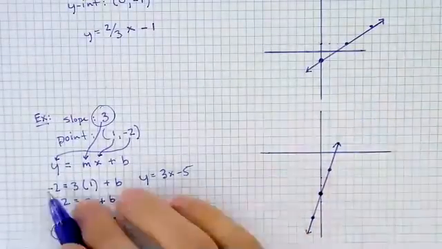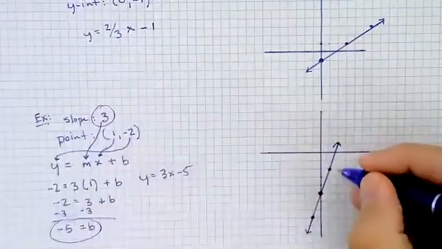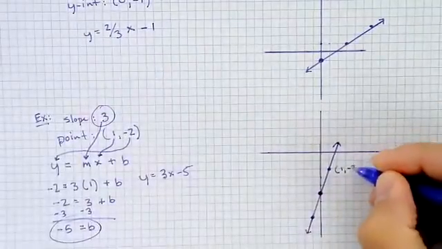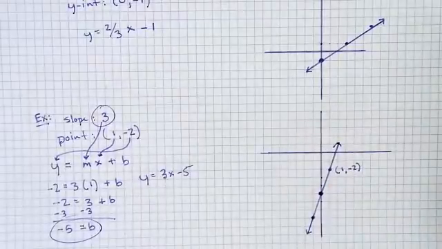And notice we talked about it going through the point 1, -2, which is right here. So it clearly shows that it goes through that point.